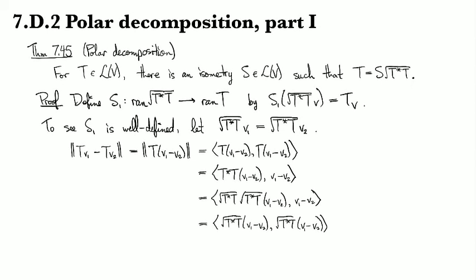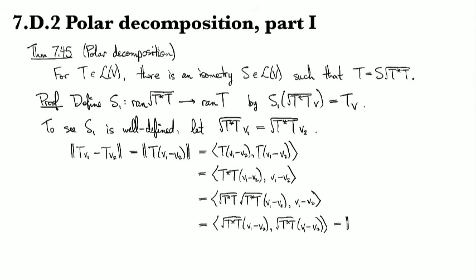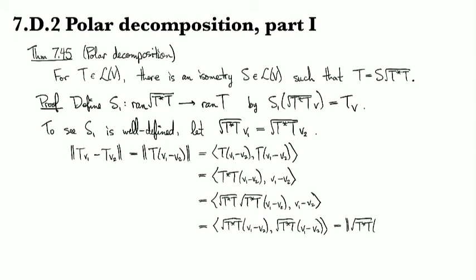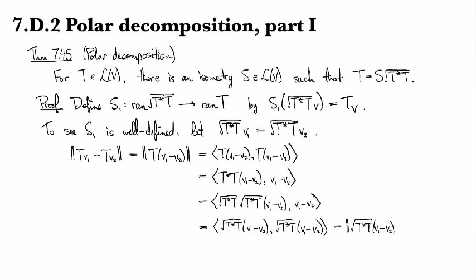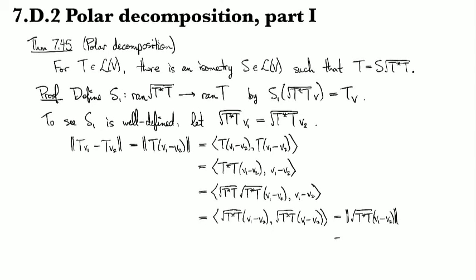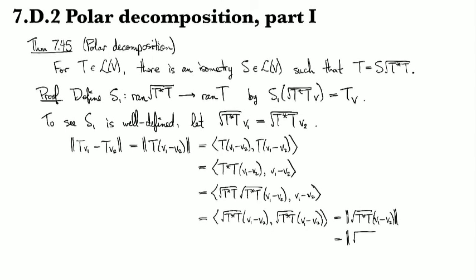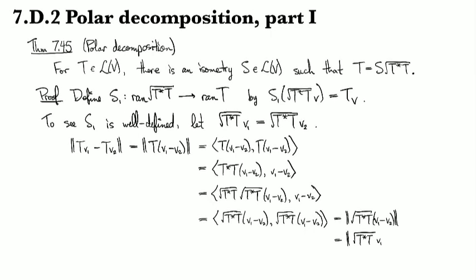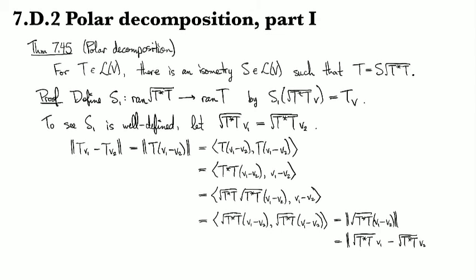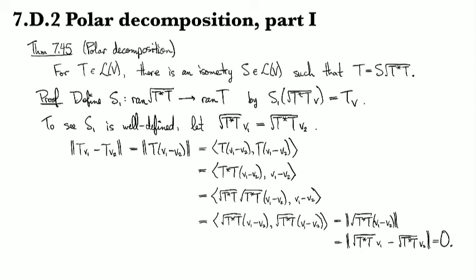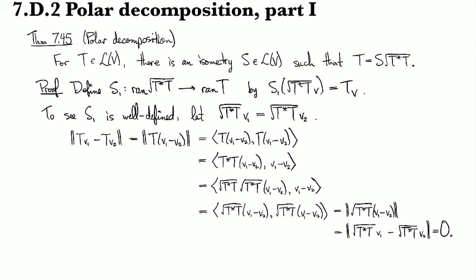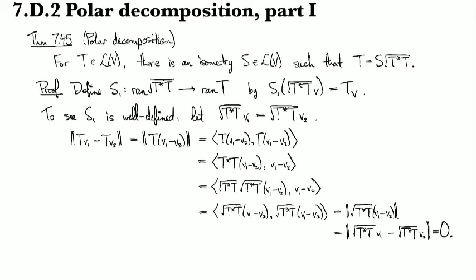And so that gets us the magnitude of root T star T applied to V1 minus V2, and then finally expanding this, we get 0. So that shows us that TV1 has to be equal to TV2.